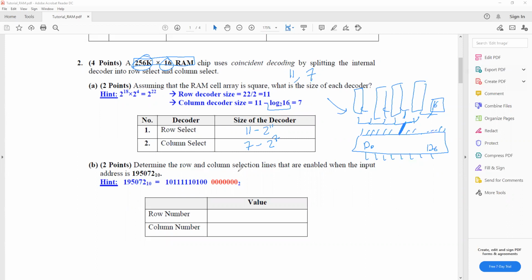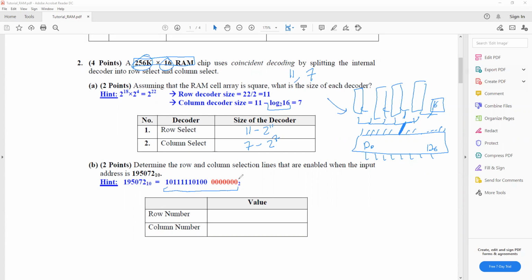Okay, determine the row and column selection lines that are enabled when the input address is 195,072. That's in decimal. So the first thing to do is to convert this number into binary. Converting this number into binary will result in this number.